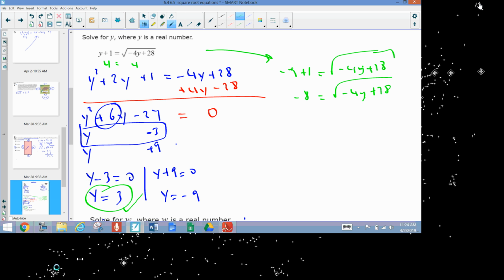Remember the square root function, parent function graph. It starts from 0 going up. Square roots cannot be equal to negative. It may satisfy or not, but there is no solution. No solution, because the square root of whatever cannot be equal to negative.